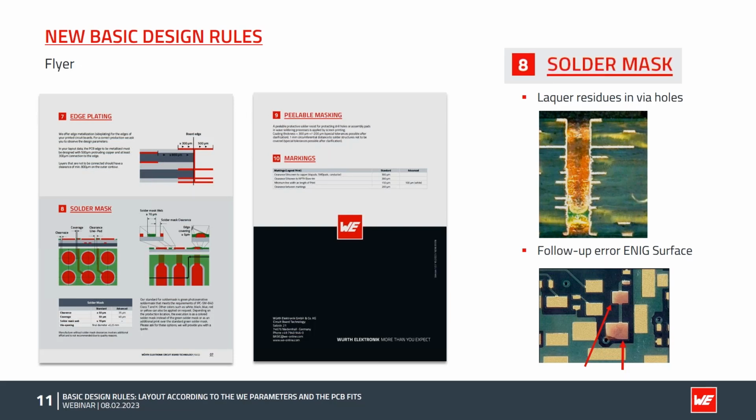The combination of increasingly smaller via holes and shrinkage and expanding of the layers, as well as registration inaccuracies, can cause the resist maybe even to be exposed. So chemical residues may be trapped in the via hole and may also damage the final surface, as you can see on the right bottom picture. There's also the risk for soldering problems, tin balls from solder bridges maybe.